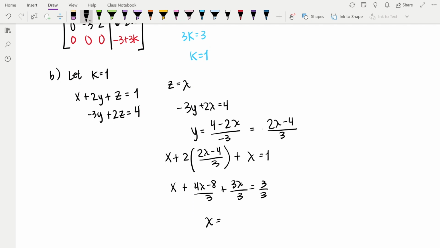So then x is going to be equal to, these together make 7 lambda, so negative 7 lambda, when I add 8 to the other side, plus 11 over 3. So my solution is, if z is lambda, then y should be equal to 2 lambda minus 4 over 3, and x should be equal to negative 7 lambda plus 11 over 3.